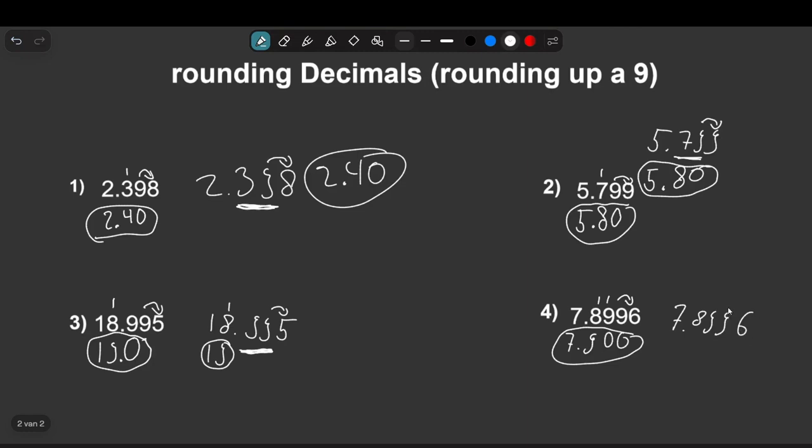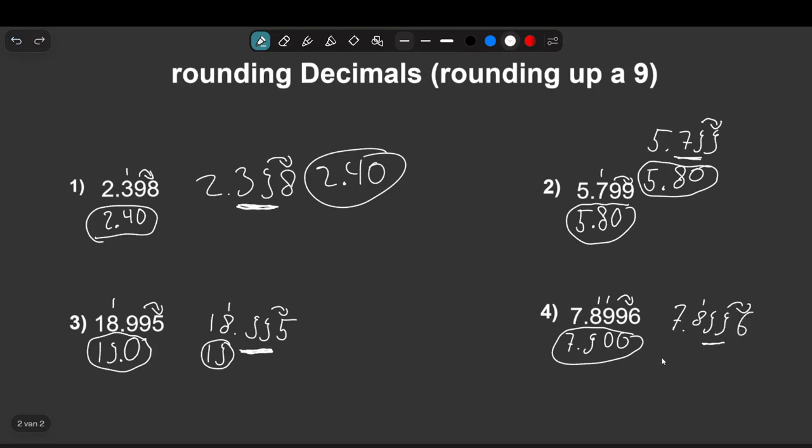And now for the second method we're gonna write 7.8996, and we're gonna look to the right. So we're looking to the right here, and we can see that we can round up. So we're gonna look to these two numbers right here, and yes, we can round this up to 100. So again, we're gonna carry over our 1 from the 100, and these three will disappear.